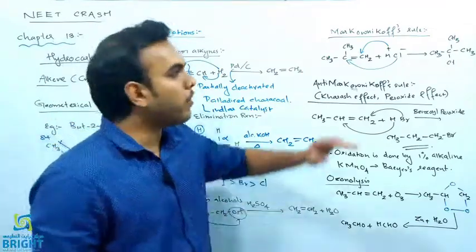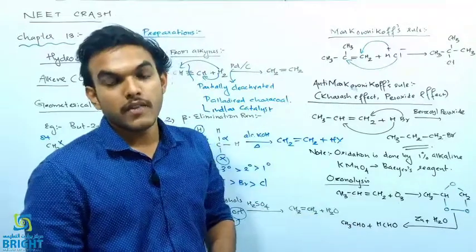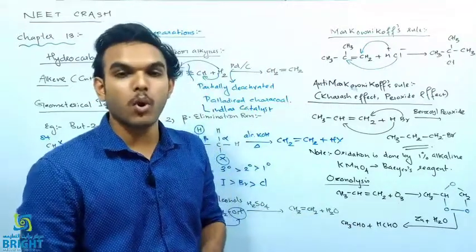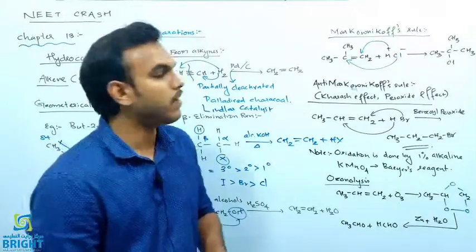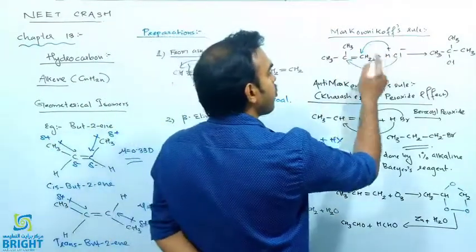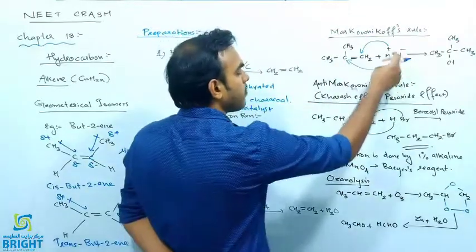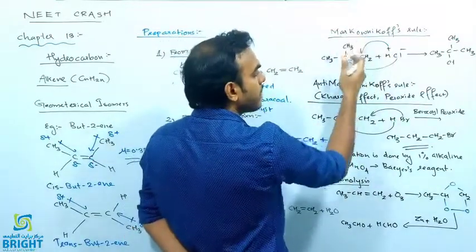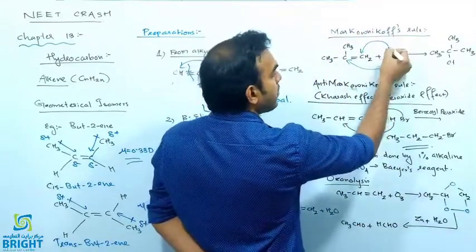Now we are discussing what is Markovnikov's rule and what is meant by anti-Markovnikov's rule. The anti-Markovnikov's rule is also known as Kharasch effect or peroxide effect. First of all, I am discussing Markovnikov's rule. If HCl is added to an unsymmetrical alkene, there will be 3 carbons on one side and 1 carbon on the other.